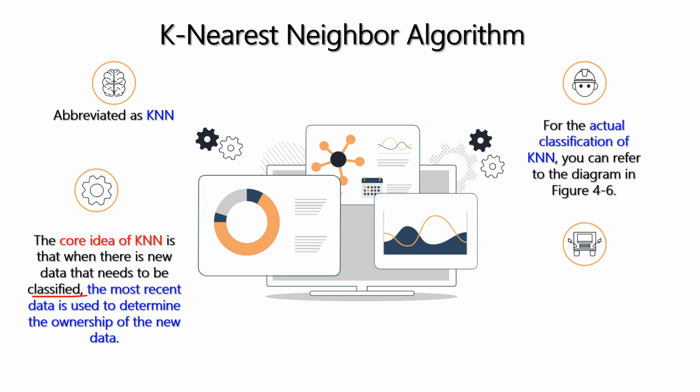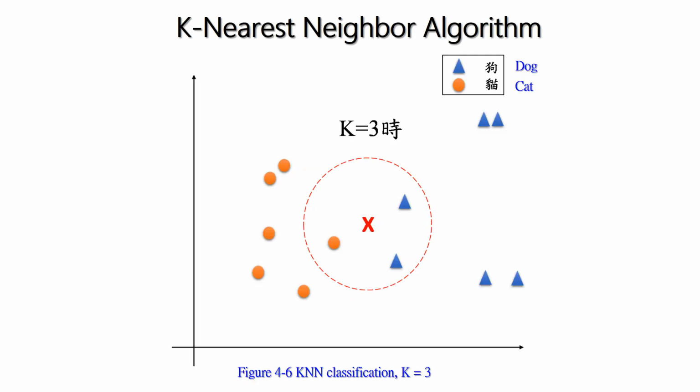For the actual classification, you can refer to figure 4.6, the diagram on the next page. The next page is based on k equals 3. The blue triangle is called a dog, and the yellow circle is called a cat.